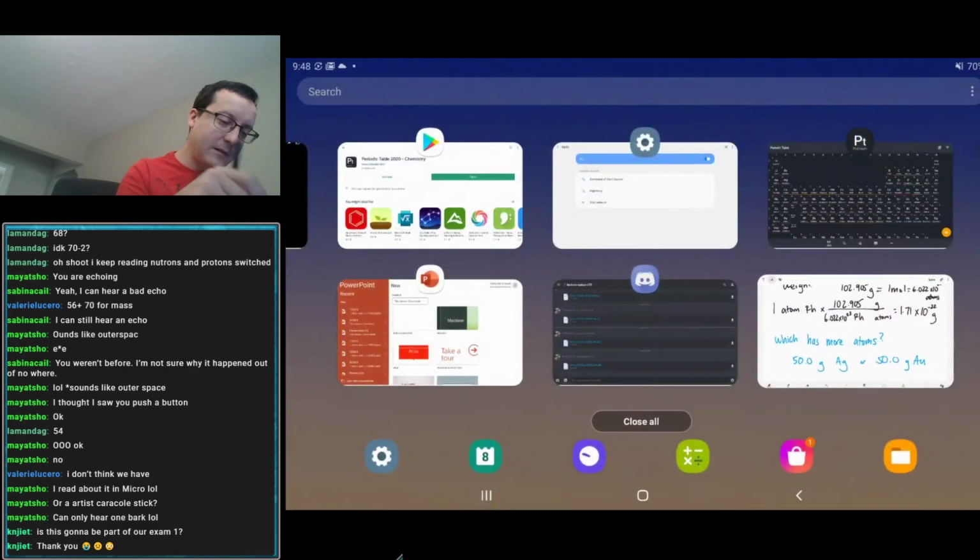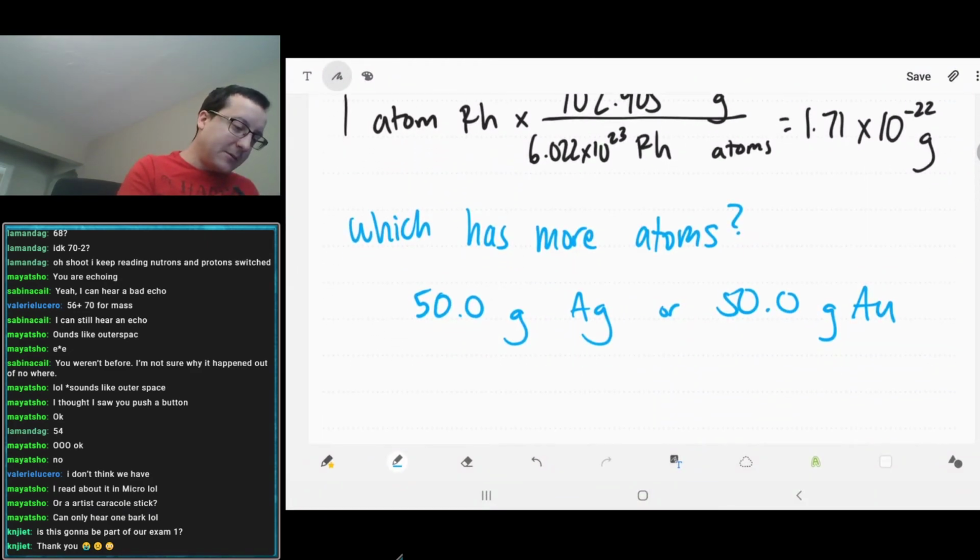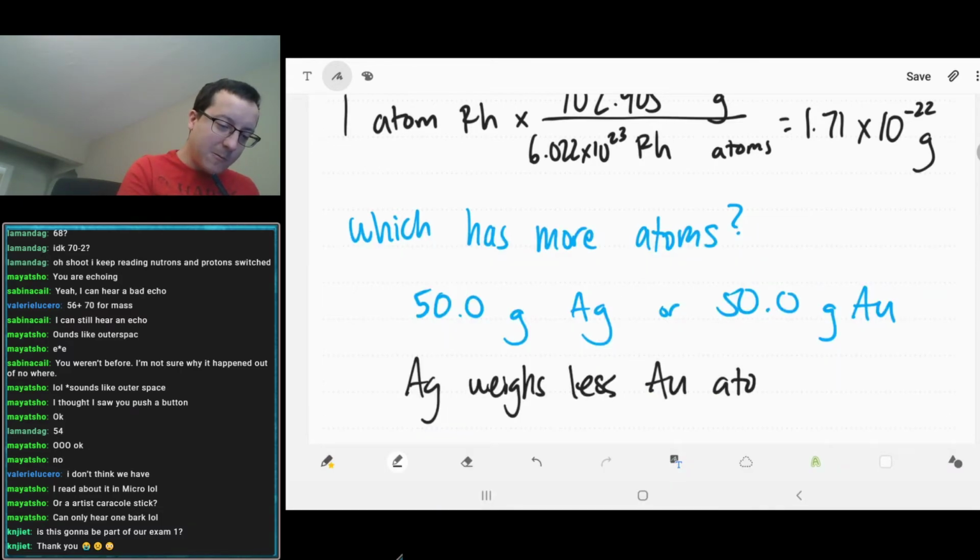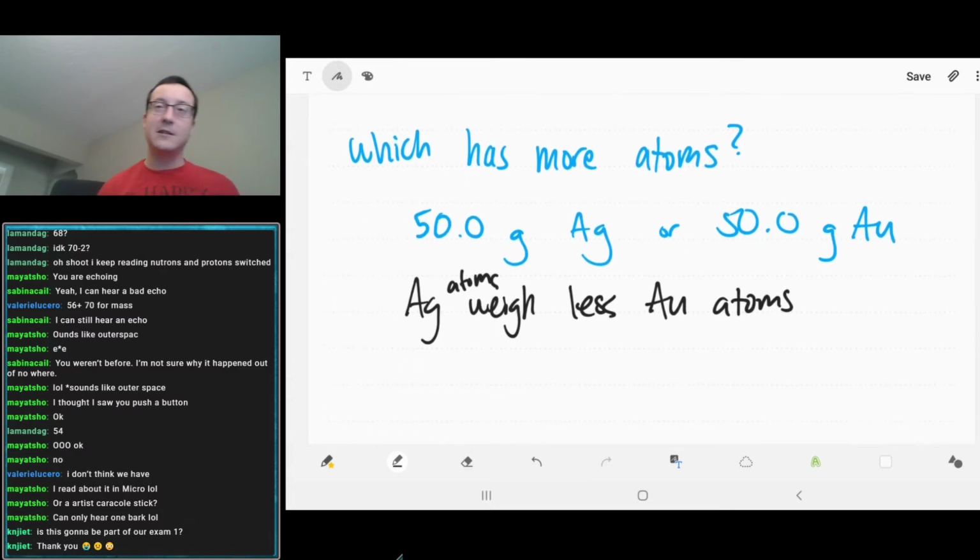Considering that silver atoms weigh less than gold atoms, because silver weighs less, it has a lower atomic mass, we would need more of those atoms to make up 50 grams.